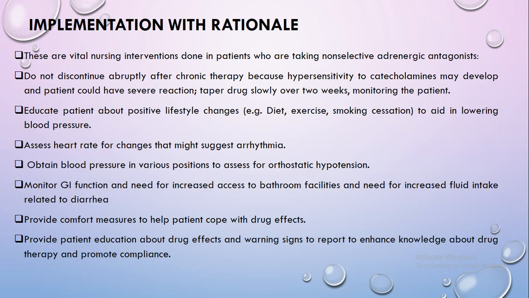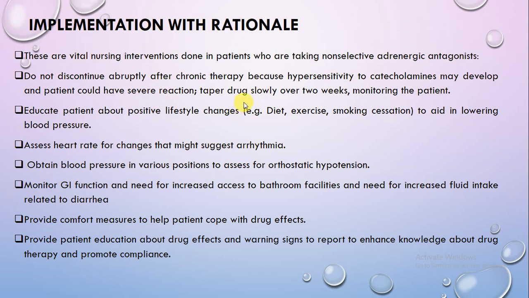Implementation with rationale is also very important. These are the vital nursing interventions done in patients who are taking non-selective adrenergic antagonists. Do not discontinue abruptly after chronic therapy because hypersensitivity to catecholamines may develop, and the patient could have a severe reaction.